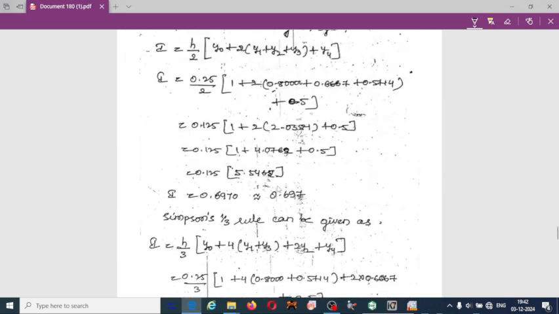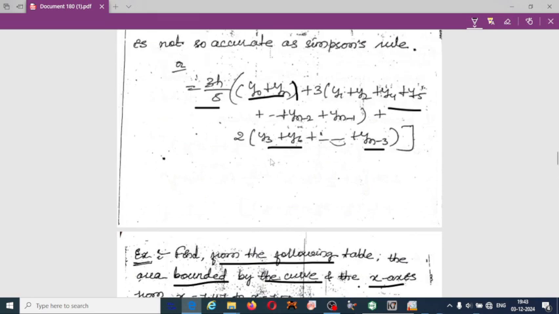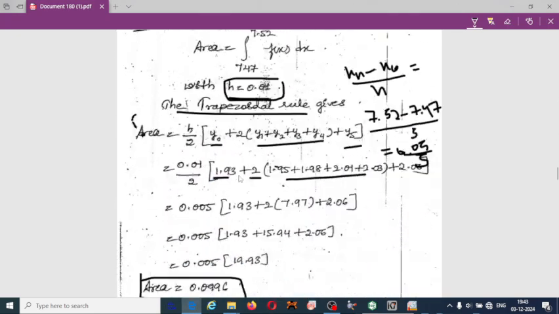So you should know the Simpson 3 by 8 formula. Here is the general formula: y0 plus yn plus 3 into, inside the bracket, you should take the terms n minus 2, n minus 1, and here n minus 3, that is y3, y6, y9, and so on.